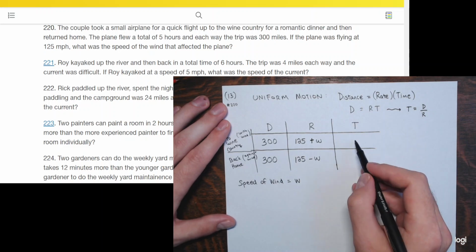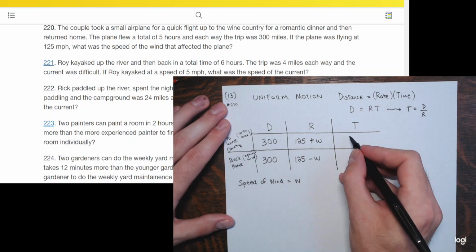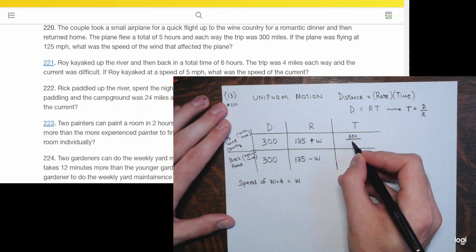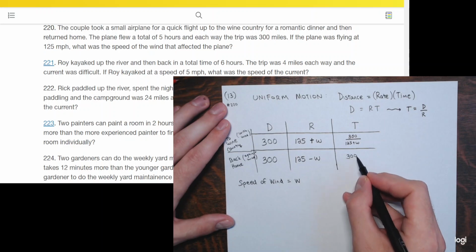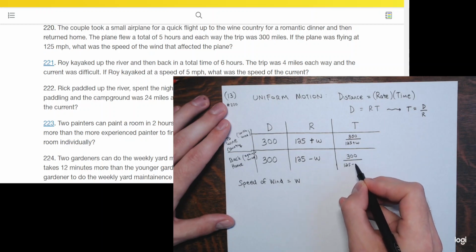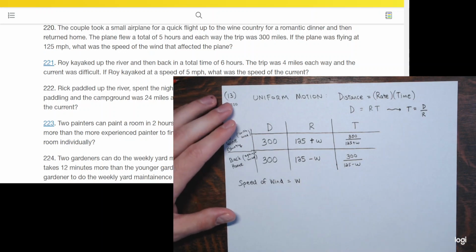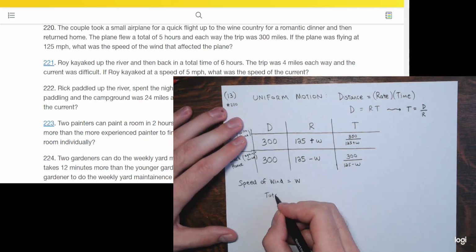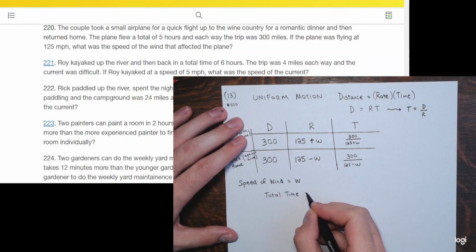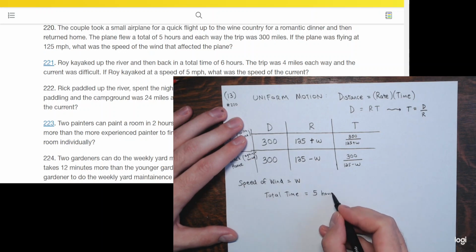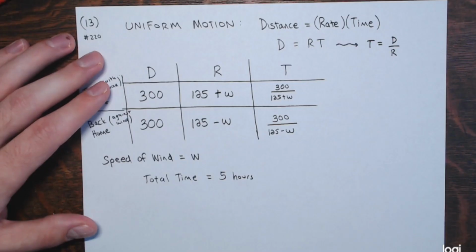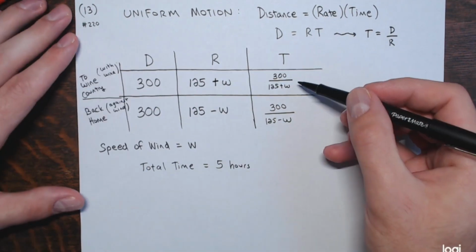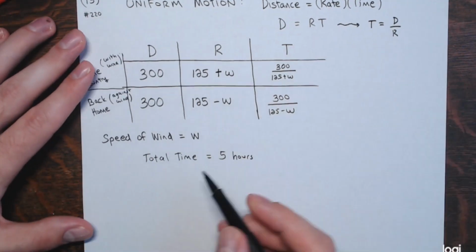The time traveled to wine country would then be 300 divided by 125 plus W. And the time traveled back home would be 300 divided by 125 minus W. Right, and we're told that the total time was 5 hours.